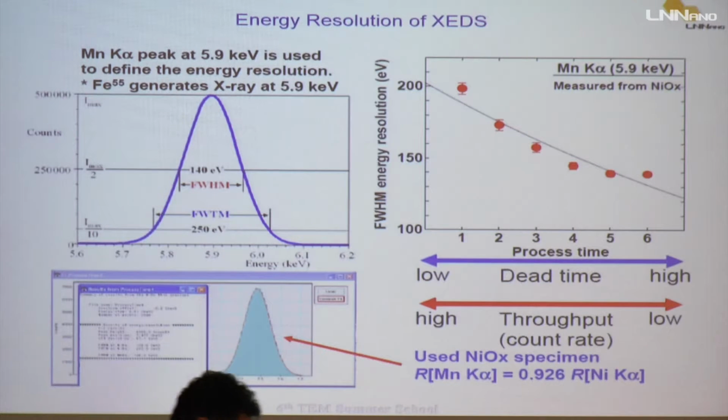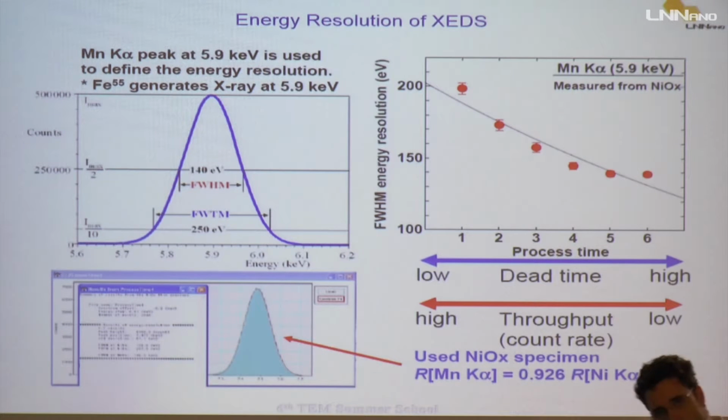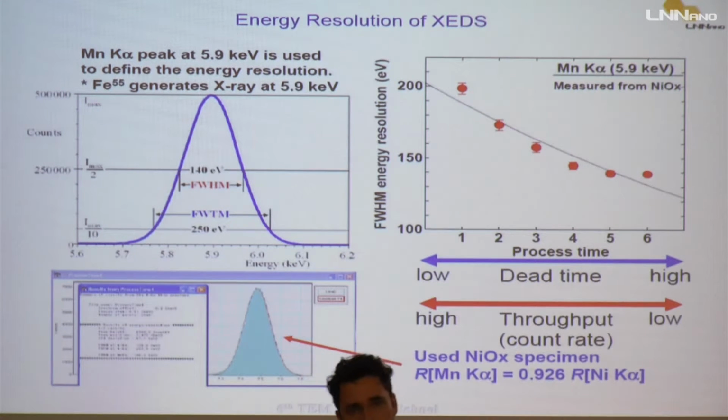For these energy dispersive spectrometers, this number, 140 eV for the manganese K alpha, is a standard resolution for this kind of spectrometer. That's very different from XES. In XES, you get 1 eV of resolution or less.